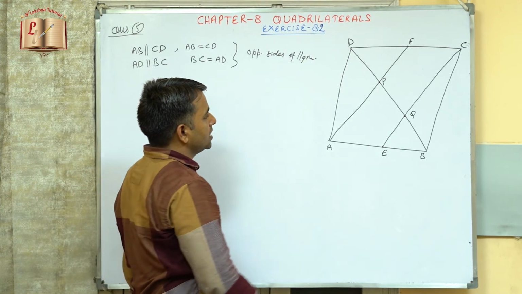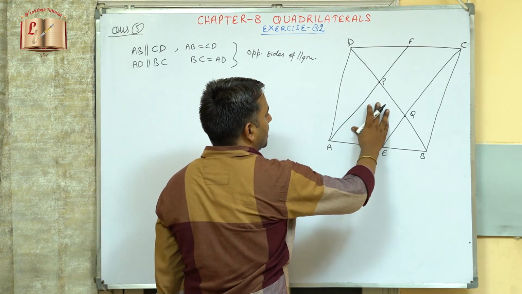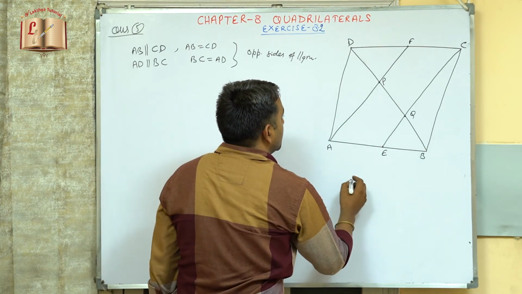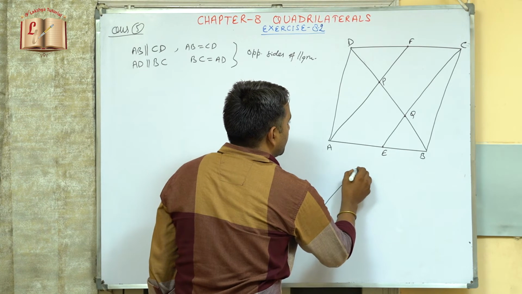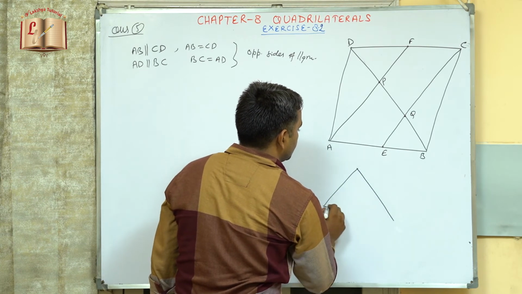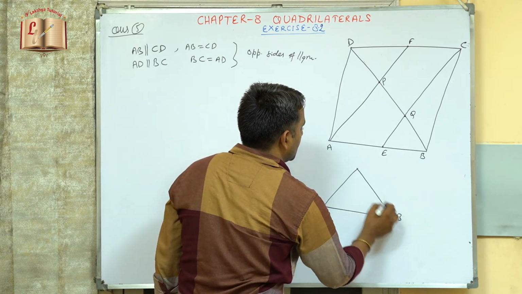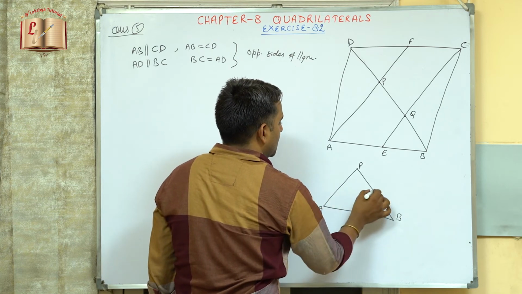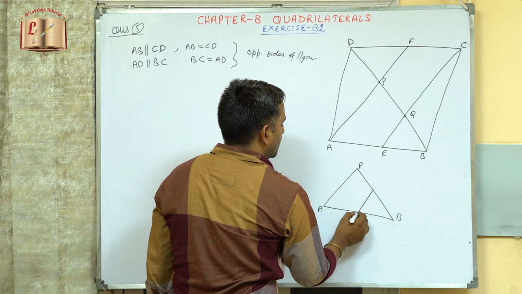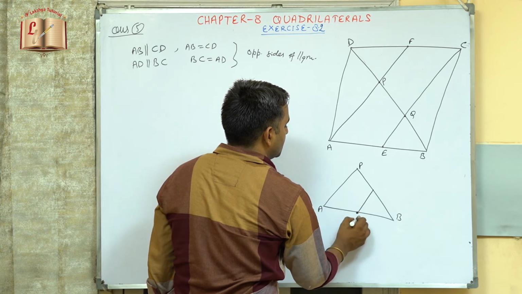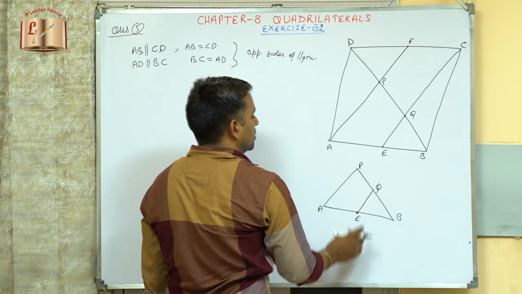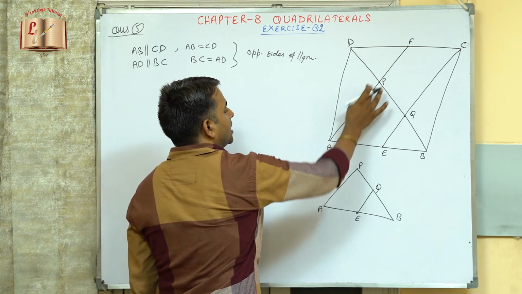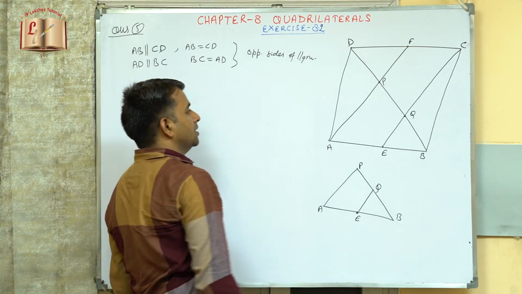Now we will consider this triangle. In this triangle APB, we can make this triangle separately. So this is B, this is P and this is A, and here this side is joined. So this is E and here it is Q. We have made this triangle APB separate.